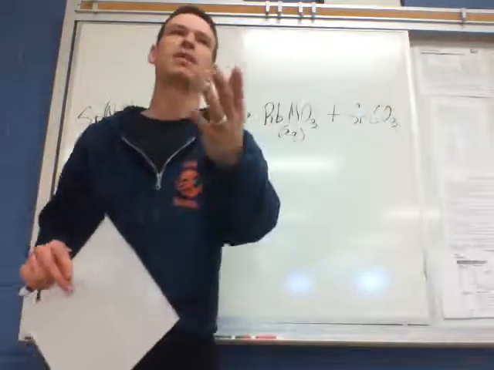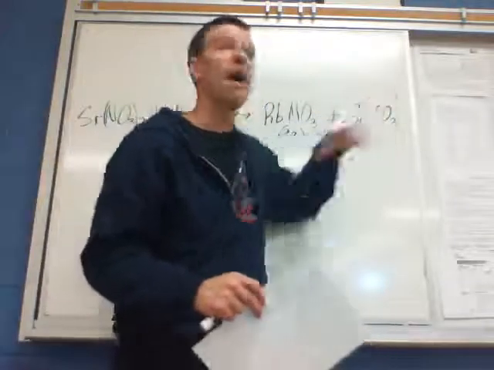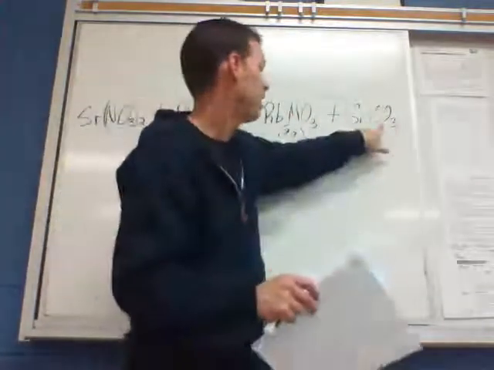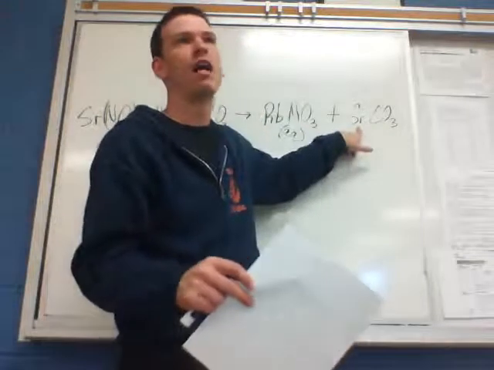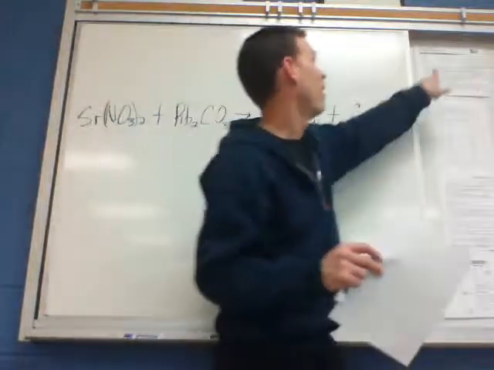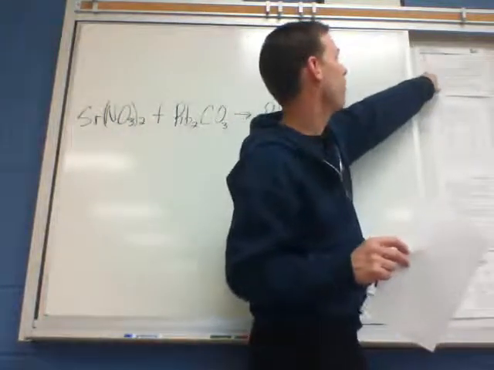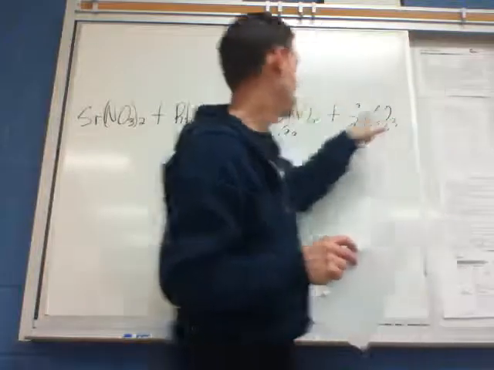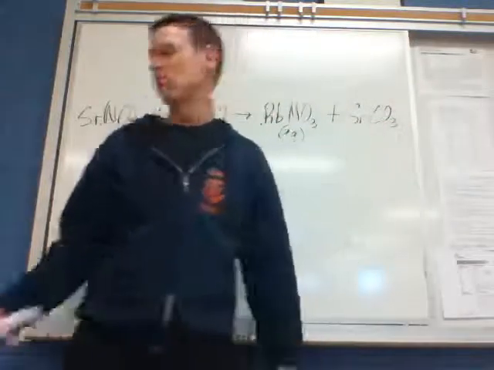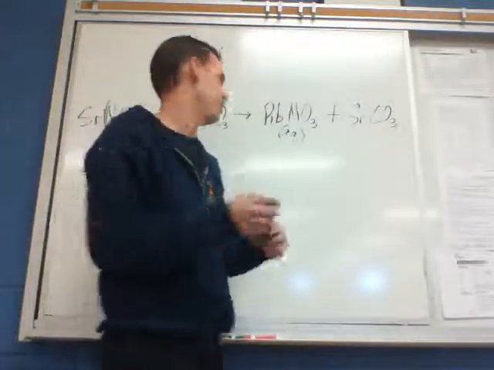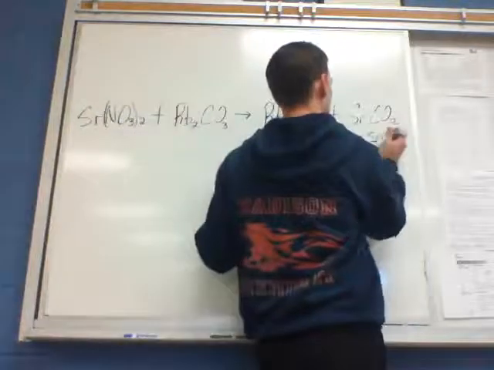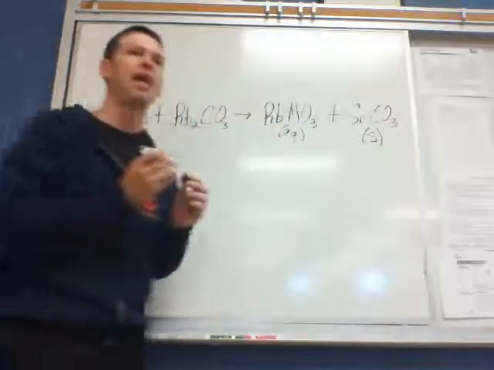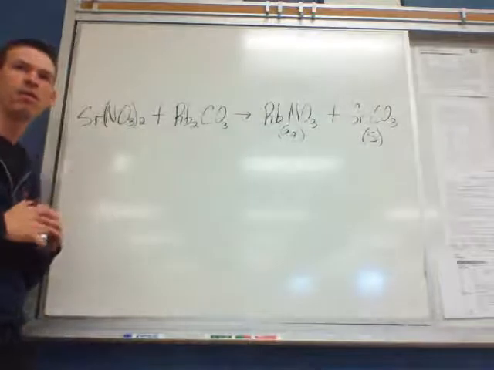So understand what the exception says. It says that this compound will be solid unless it's bonded to NH4, which it's not, or if it's bonded to any element in that first column. Is strontium in that first column? No. So the exception doesn't apply. We have found our precipitate, and we're done.